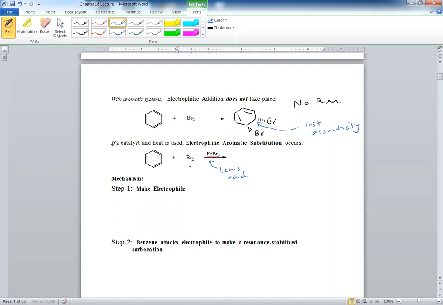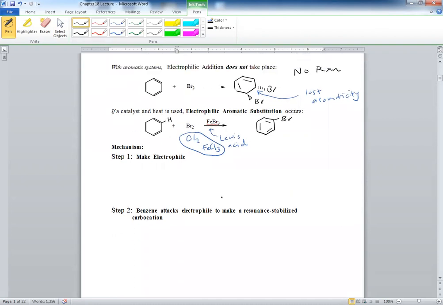And of course, it can work with Cl2 and FeCl3, in case you're wondering about whether these take place. So if we just look at bromine, you would get bromine added like that. Only one bromine. It's a substitution. You're substituting that for, let's say, the hydrogen right there.